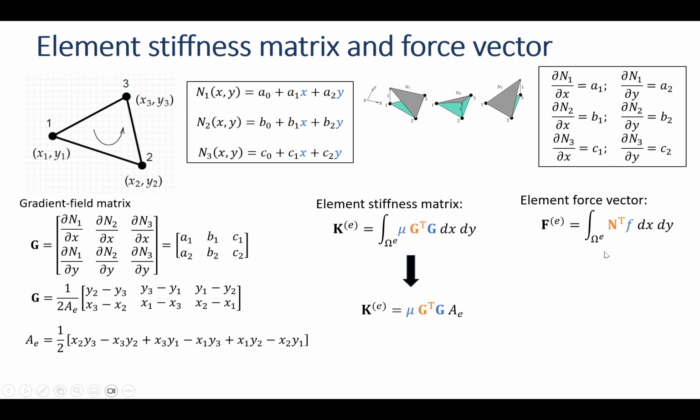But after evaluating the integral, we get this as the expression for the element force vector. That is F, which is the source term, multiplied by the area of the element divided by 3, and we have 1, 1, 1. That is the total body force, that is F multiplied by Ae, is distributed equally to all the three nodes. So 1 by 3, 1 by 3, 1 by 3.